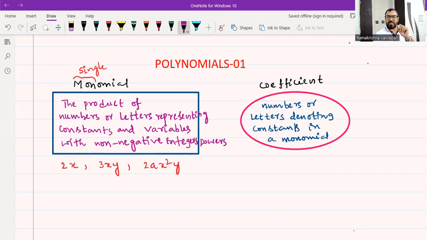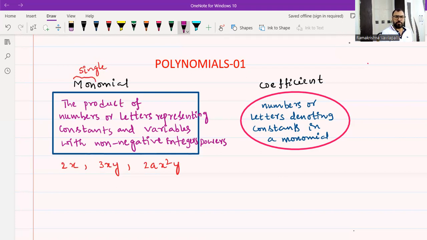So the power of each variable must be a non-negative integer, meaning those integers start from 0, 1, 2, 3, etc. Here the power of a variable should not be a negative integer or a rational number or an irrational number.